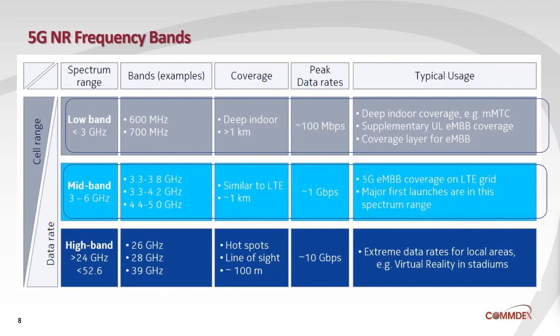Mid-band frequencies offer higher capacity and faster data rates compared to low-band frequencies. From a use case perspective, mid-band frequencies are good for providing enhanced mobile broadband and supporting applications such as video streaming, gaming, and consumer mobile services.